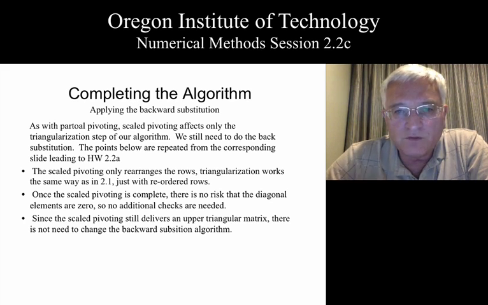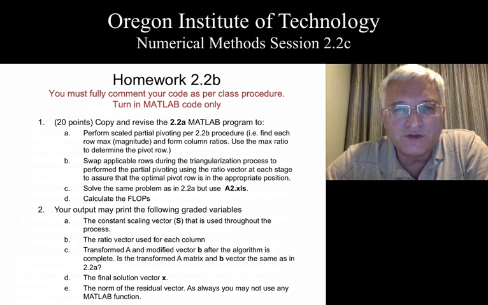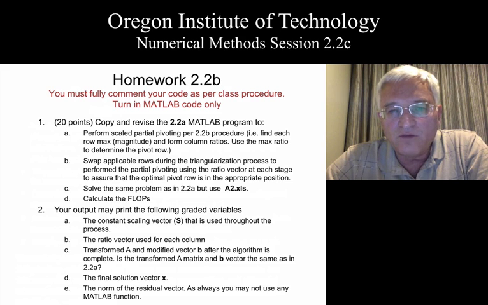So we're now ready to work homework 2.2b. What I want you to do is go back to 2.2a and copy and revise it to form 2.2b. You're going to use the scaled pivoting using the maximum ratio method, swap the rows as you should using that scaled vector, and read in the same matrix and vector as you did in file a2.xl.